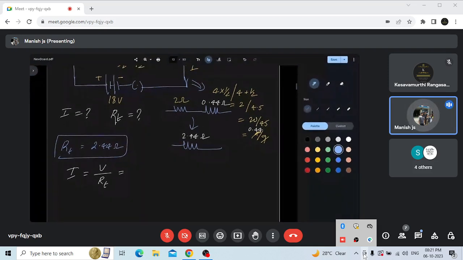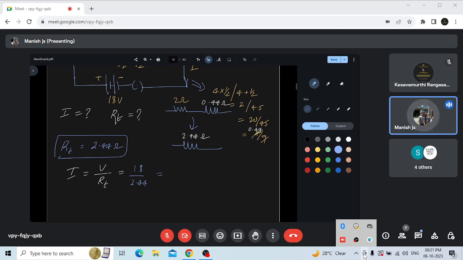So V is 18 volts and R total is 2.44. Simplify it. 18 upon 2.44. You can also take it as 2.4 for simplification. I am going to assume that it is 2.4 and then do it.